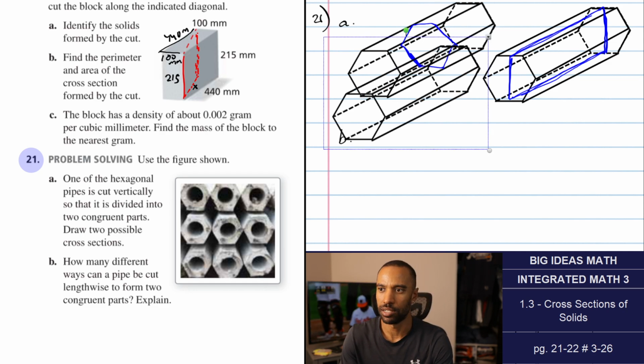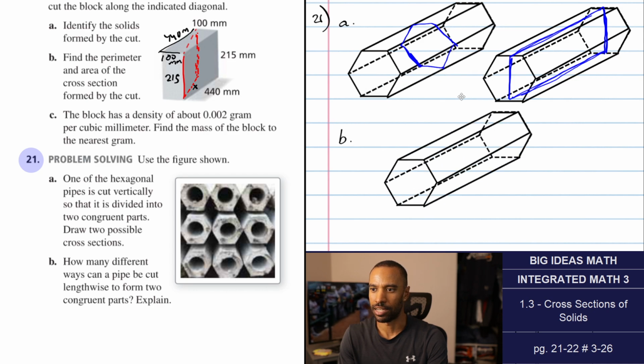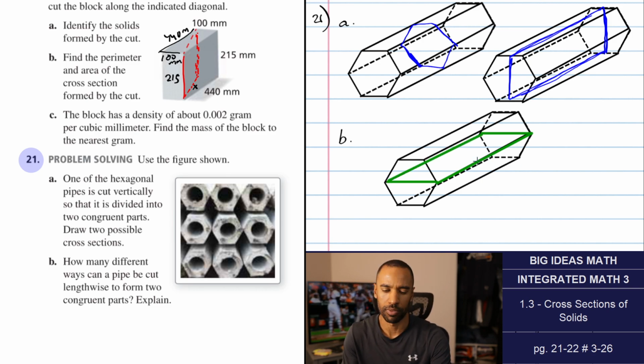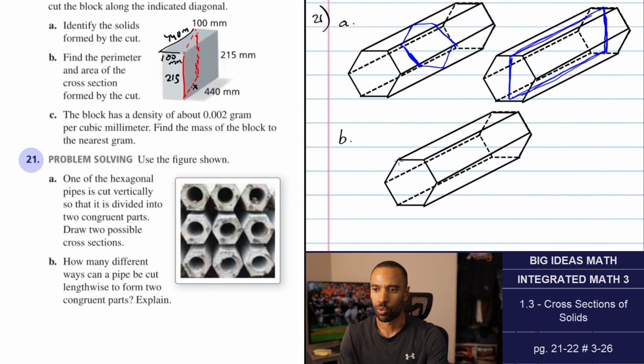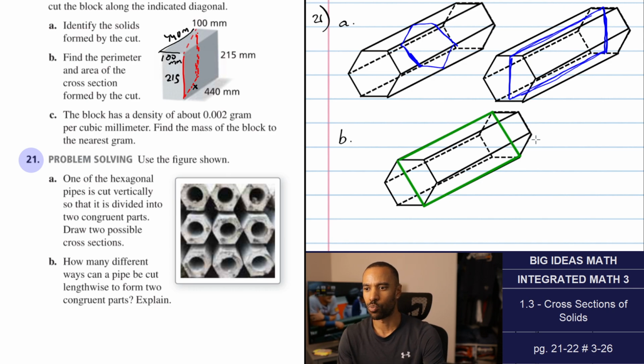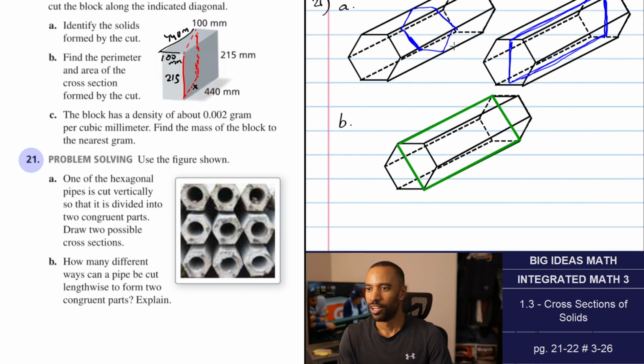So let me paste this in and give you that idea. I'll make it big, bold, and green, if you will. I can either make it like this, from corner to corner like that. As long as I go through the center, I'll have two congruent parts. Boom, there's one. Or I can go across these ones here like that, and then boom, I have two congruent parts like that as well. That looks really trippy.